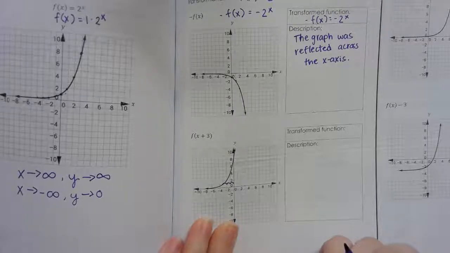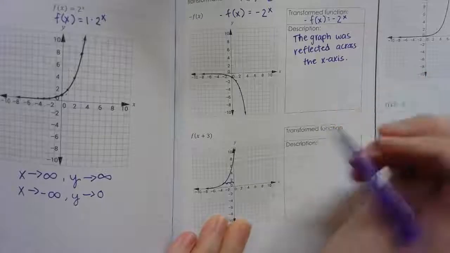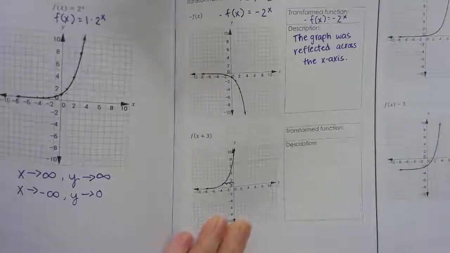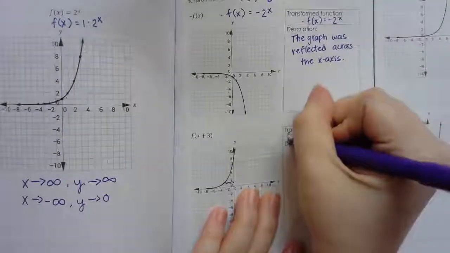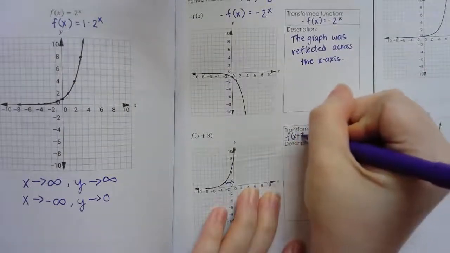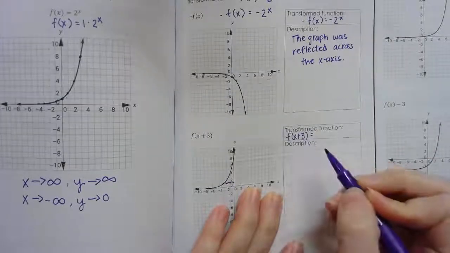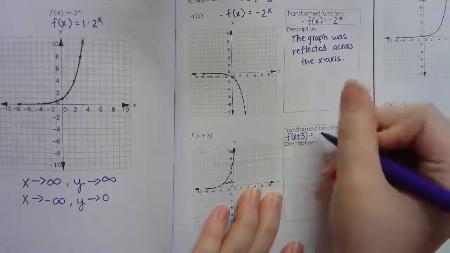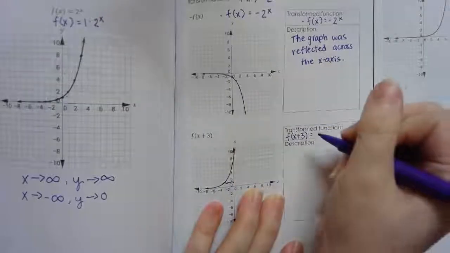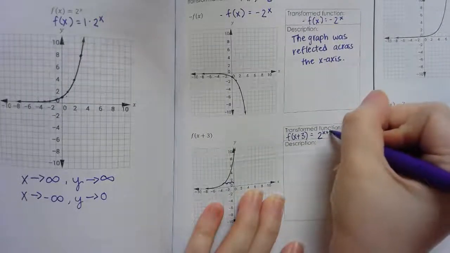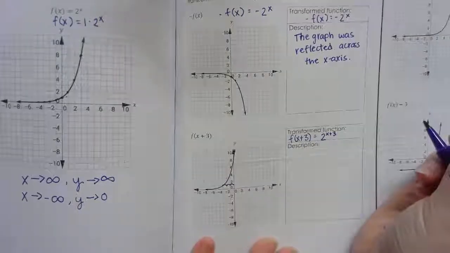It's moved to the left. So something's weird here. So now my transformed function, we have f of x plus 3. So this plus 3 is in the parentheses with the x, which means that if I did have f of x is 2 to the x, now I have 2 to the x plus 3 all in the exponent.